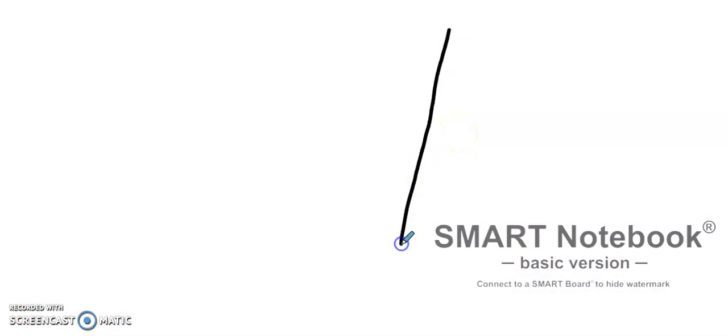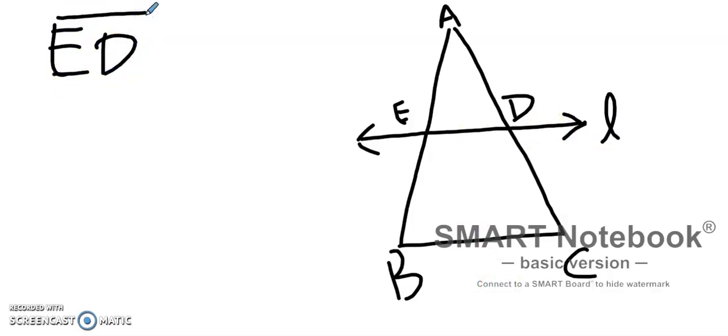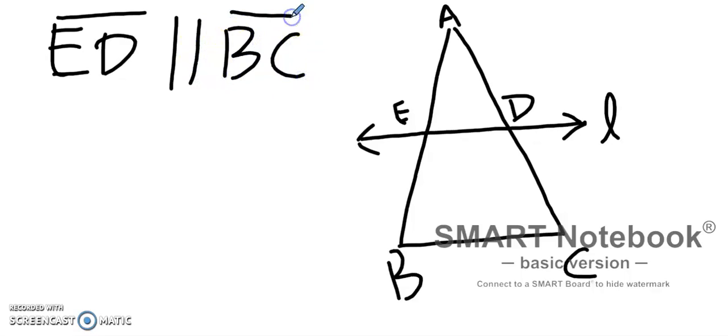For example, this is your triangle A, B, and C. He is saying that if a line is parallel to the third side and intersecting the other two sides, for example, if I construct a line here, say this line is L, and it is intersecting at points E and D. So he is saying that if this line, ED, a line segment, is parallel to your third side, that is BC, then it must divide your triangle in a ratio.